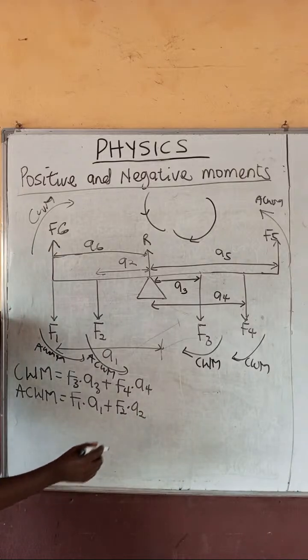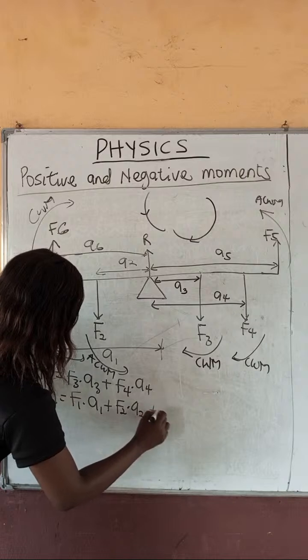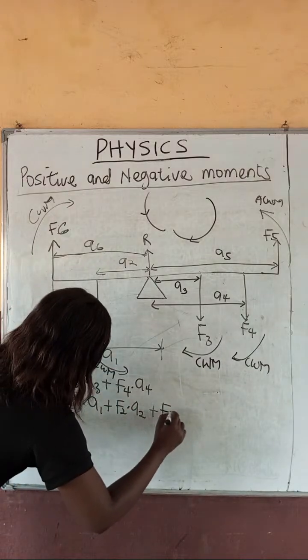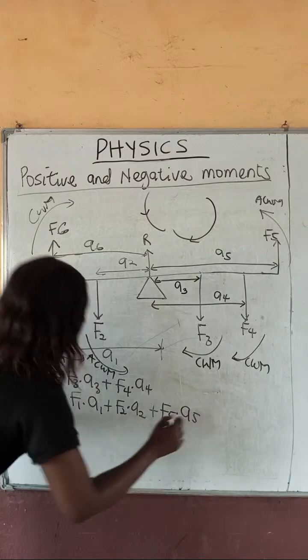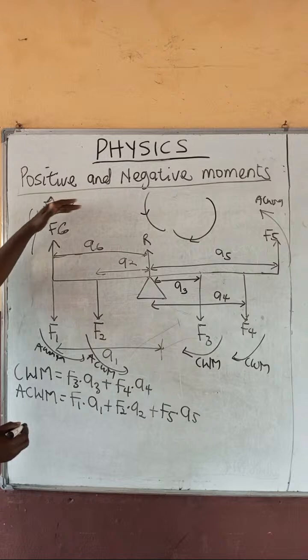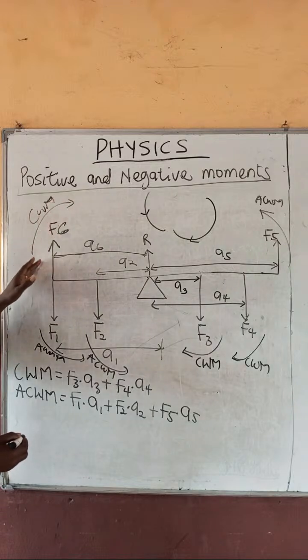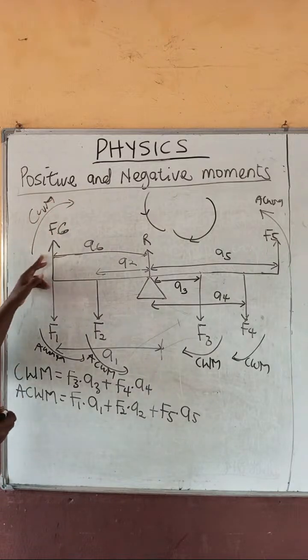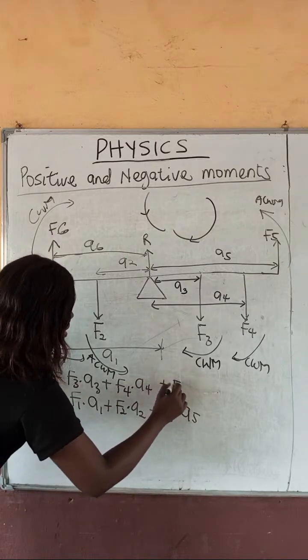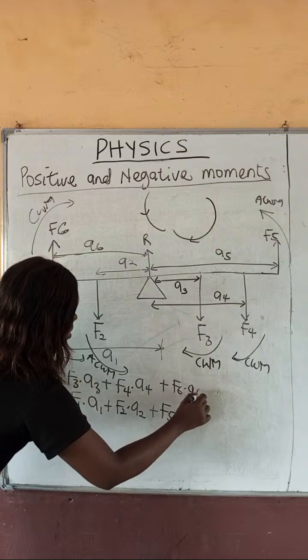Then plus this anti-clockwise F5 dot A5. Do you understand? Now I added this extra one to make it balance the equation. Then this is clockwise. I will now add this where we have clockwise plus F6 dot A6.